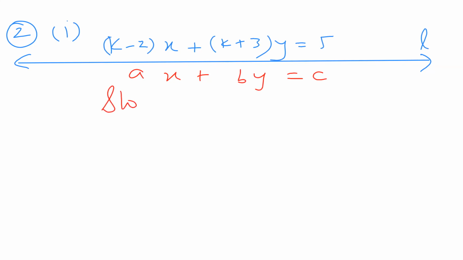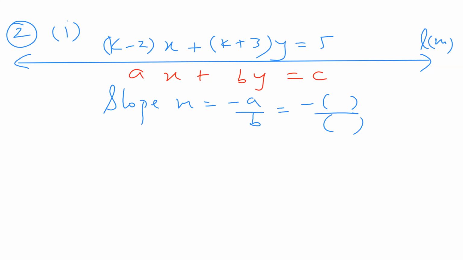So compare this with ax plus by is equal to c. What is the slope of this particular line? Let's say the slope is m. So m is equal to minus a by b. A is the coefficient of x, which is k minus 2, and b is the coefficient of y, that is k plus 3.